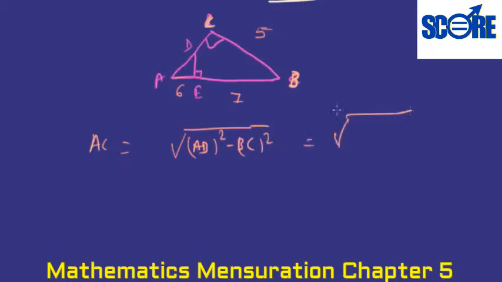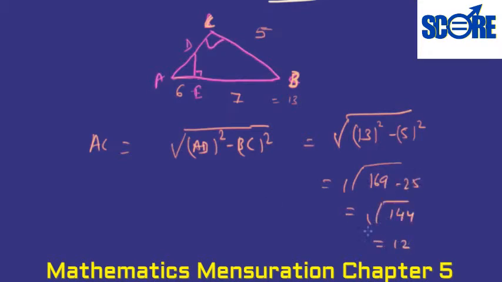Now AB is AE plus EB, that is 6 plus 7, which gives the value 13. It's 13 square minus 5 square. The value here is 169 minus 25, which is equal to under root of 144, which is equal to 12. Now we got the value of AC here. The value here is 12. Let me mark it up.